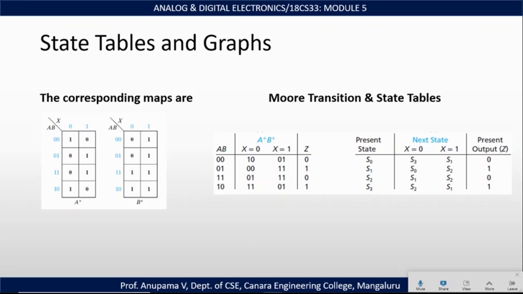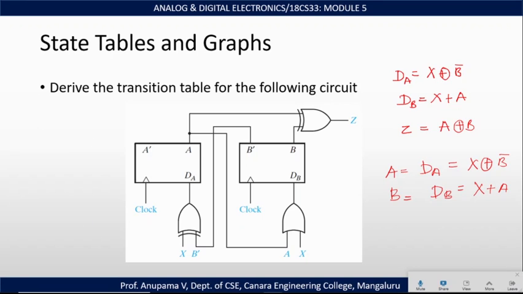So, see here, what is this state? When A equal to 0, B equal to 0, X is equal to 0, what is A plus value? This particular cell indicates the A plus value when A equal to 0, B equal to 0 and X is equal to 0. See the circuit.